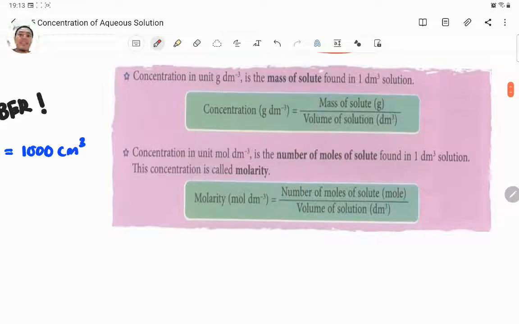This is what I mentioned earlier at the start of the learning standard, mentioning the types of concentration. We have gram dm cube, and then another one we have mole dm cube. So let's proceed with the concentration in unit gram dm cube.